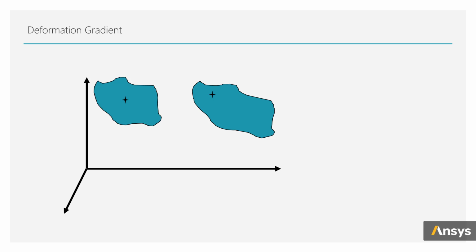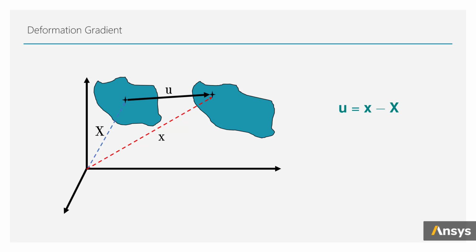We can track the change in positions of this point by inspecting its vector in space. In the undeformed state, it is in a vector space capital X, and after deforming, it moved to a new location small x. So by definition, the displacement of this point is nothing but the difference of the initial vector from the final vector.